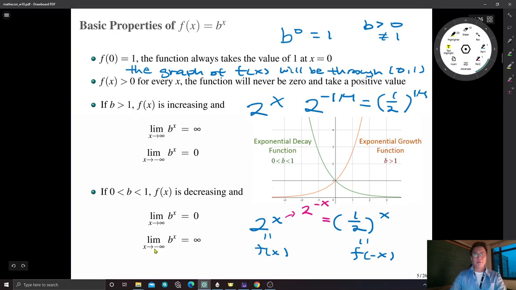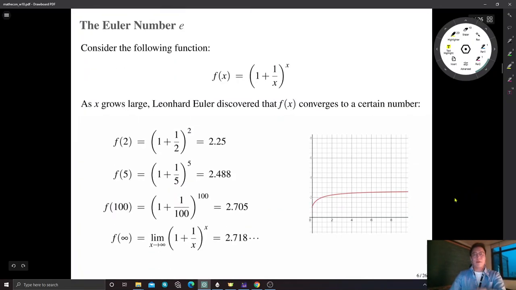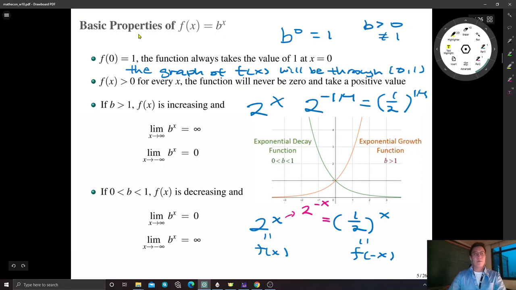But when x approaches negative infinity, in the opposite case, the function grows to positive infinity. So this is a simple exponential function, where the base is some constant and the exponent is a variable.